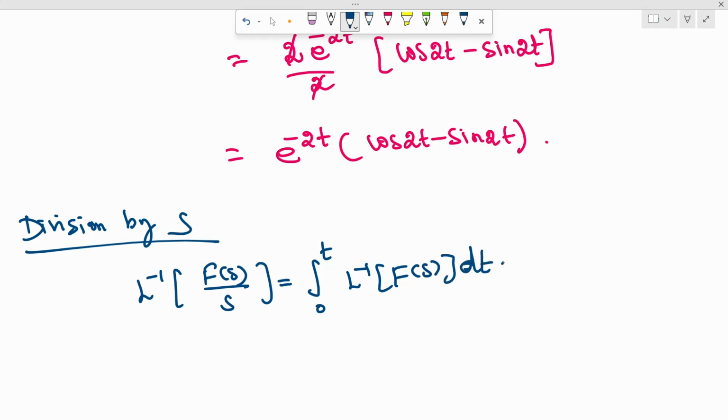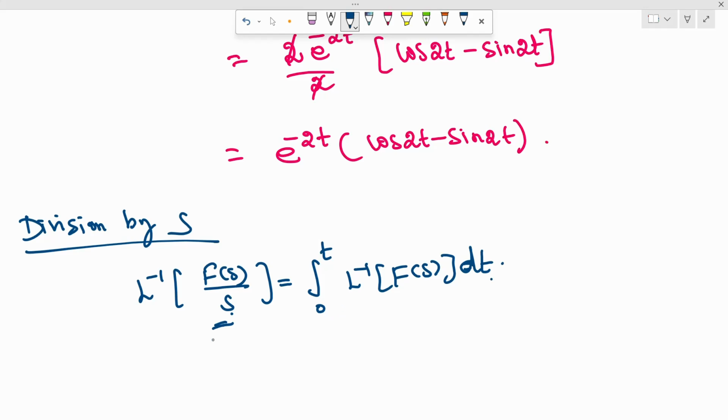If you want to remove the denominator s on the left hand side, on the right hand side integrate with respect to t the L inverse of f of s with the limits 0 to t.